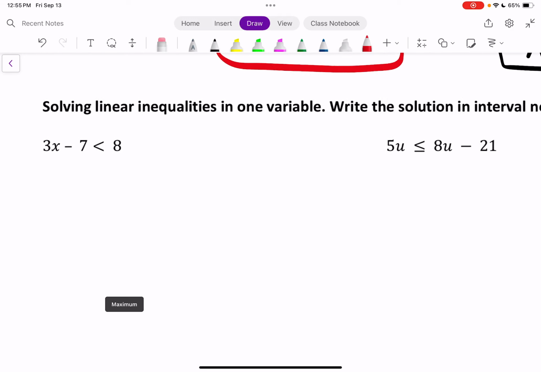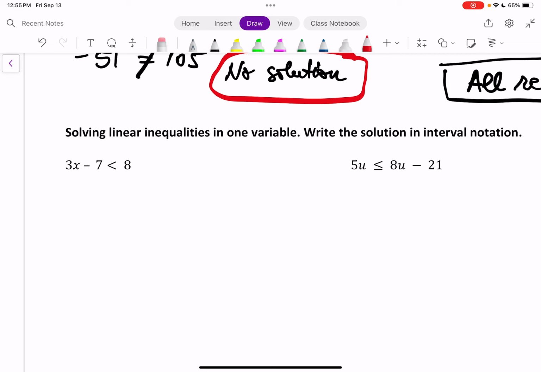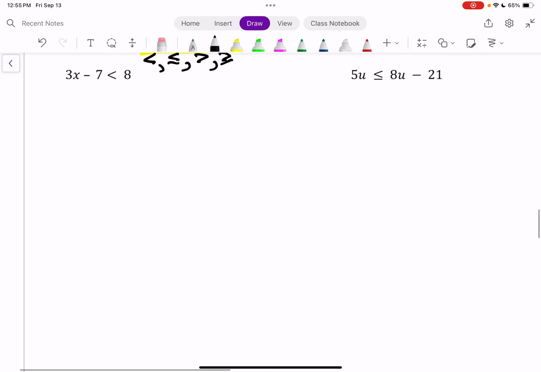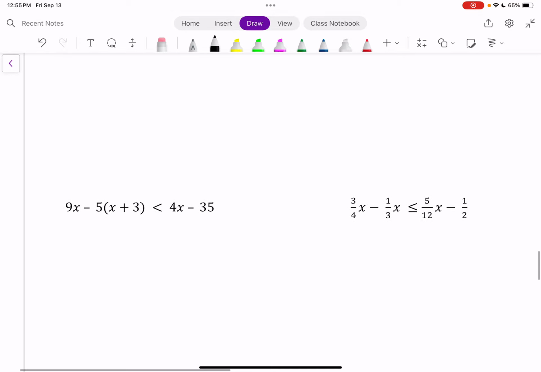Okay. So let's solve these linear inequalities this time in one variable. It turns out that we'll do pretty much the same exact things. For an inequality, as you see, we have the less than or equal, greater than or equal symbols. So that's what inequalities have.